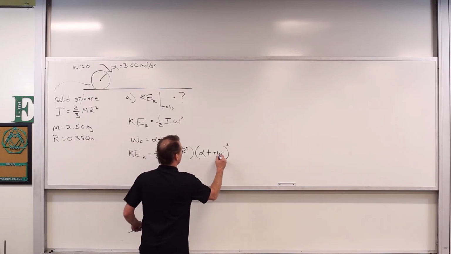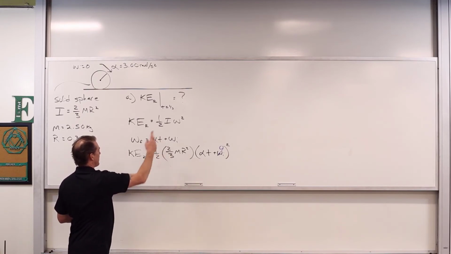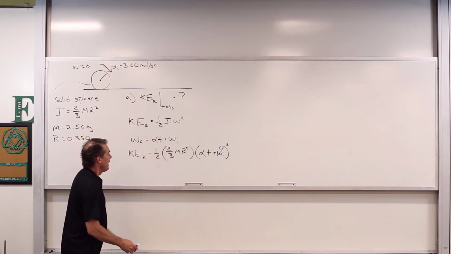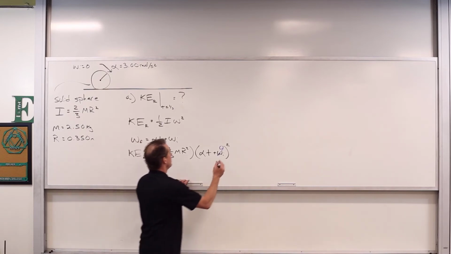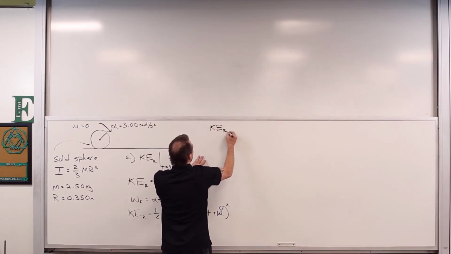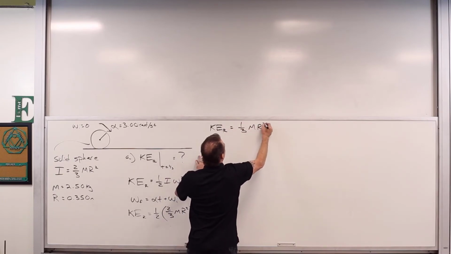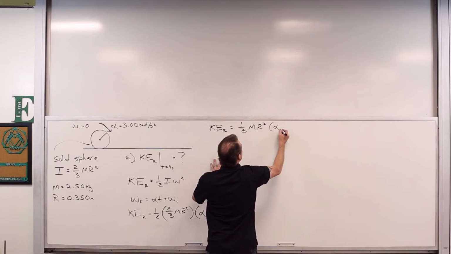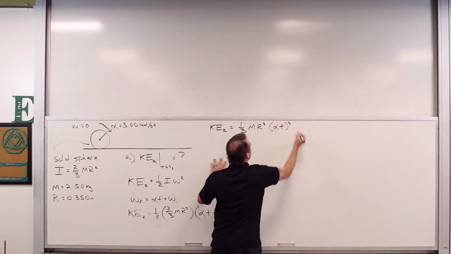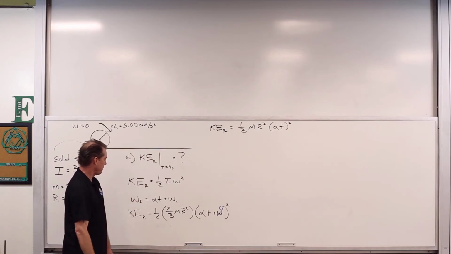So number one, omega initial is equal to 0. Number two, we can get rid of this 1/2 times 2/3 and just call it 1/3, and we are left with 1/3 mr squared times alpha t quantity squared. Everything else kind of falls into place.